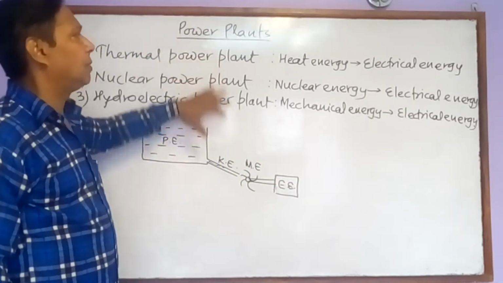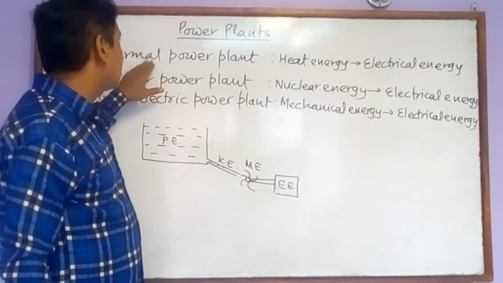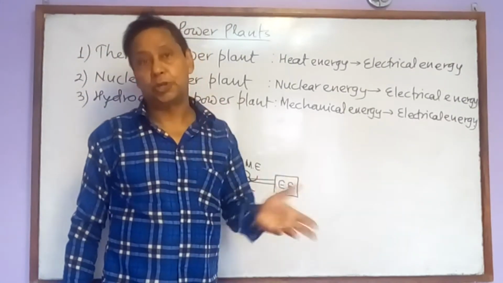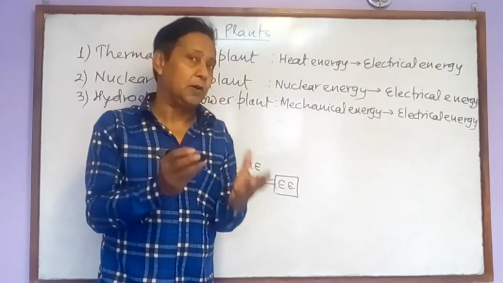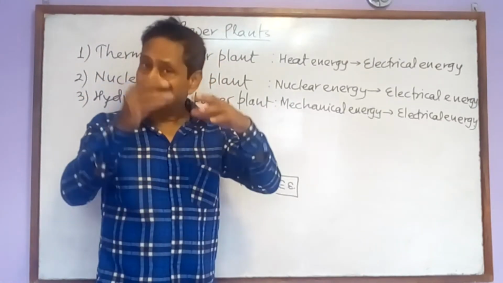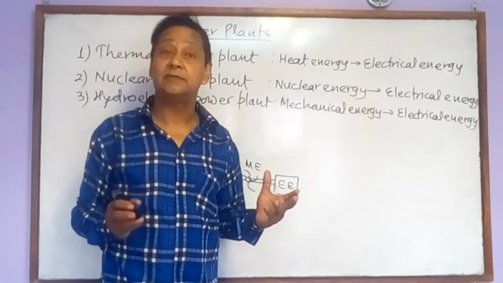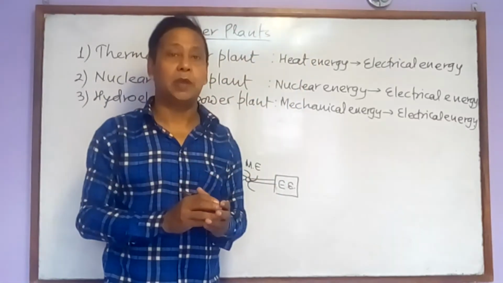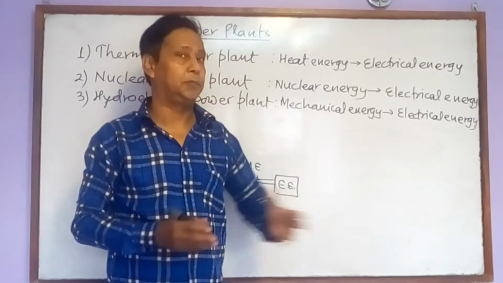Now, I want to compare them in another way also. Hear this. Thermal power plant and nuclear power plant produce pollution. How? In thermal power plant, some fuel burns, and burning fuel produces carbon dioxide and other gases also, which enter into the atmosphere, and thus air pollution occurs because of thermal power plant.